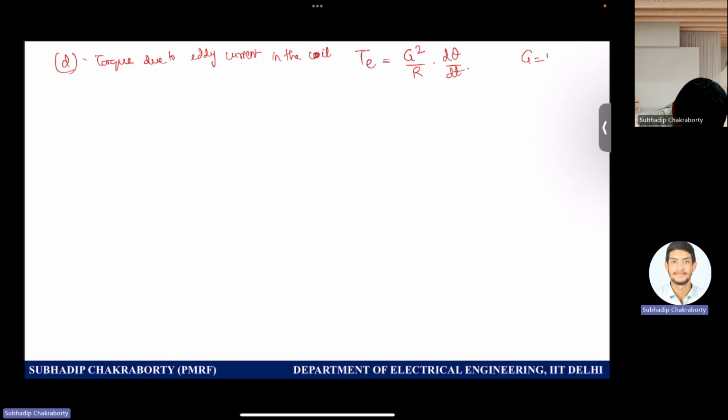And G is nothing but the galvanometer constant, which is BAN. If you calculate BAN, it will come out to be 0.08 Newton meter per amp. So the torque due to eddy current you can calculate.